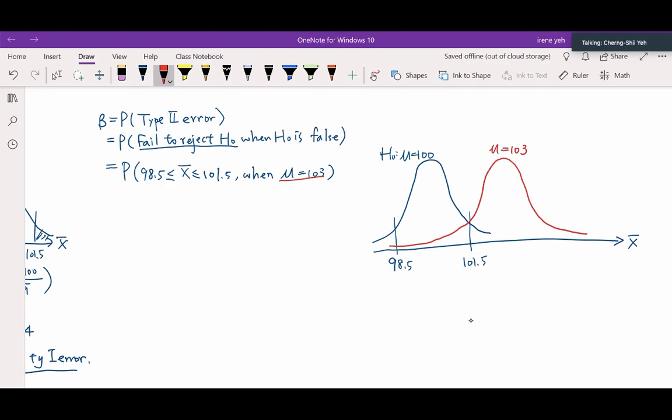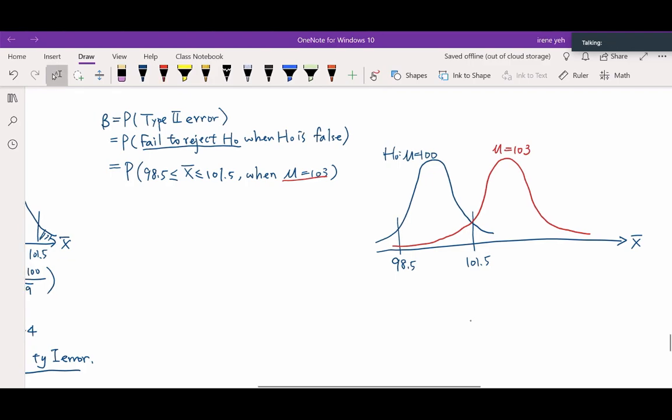My beta is a sample coming from the true population, the red population, that happens to fall right here inside the confidence interval. When it fell inside this confidence interval, we failed to reject the null hypothesis, and we conclude the mean is 100 instead of 103, making a type 2 error. So the beta we're calculating is this area right here.